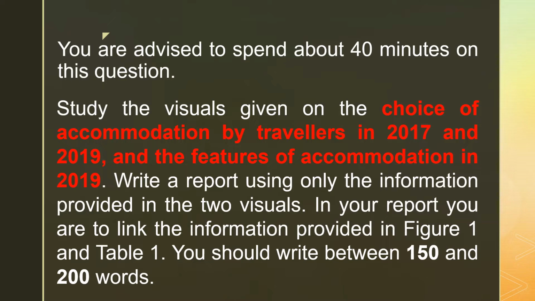You should write about 150 to 200 words. I always advise my students to write 198 words, 199 words, but please don't exceed 201 words. If not, the mark will be deducted. You will get lower band.